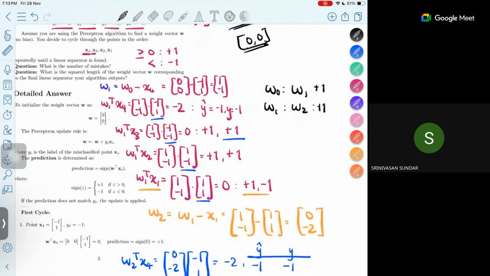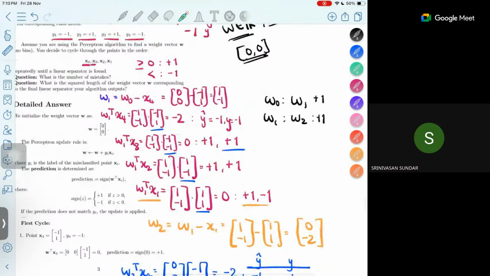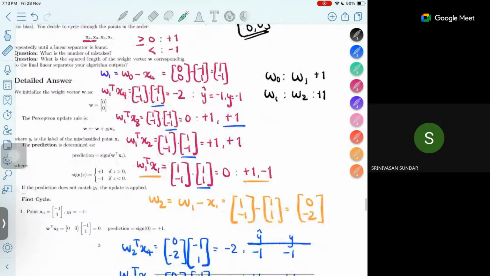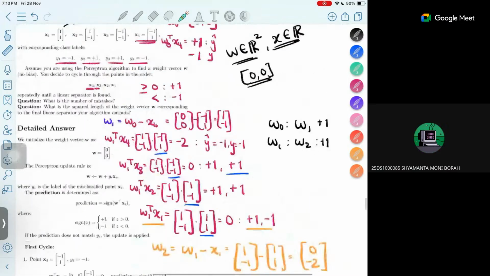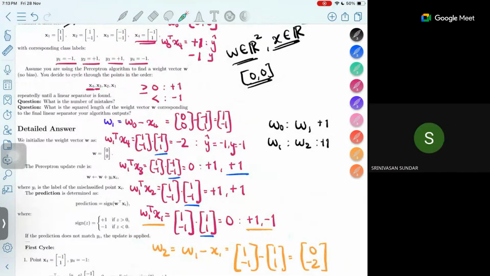So only 2 mistakes, right? So W0, for the first point itself, it made a mistake, correct? W0 counts, because that's an initialization. Only once it makes a mistake do you update it, right? So that mistake is also counted.